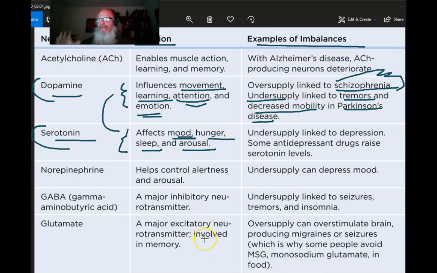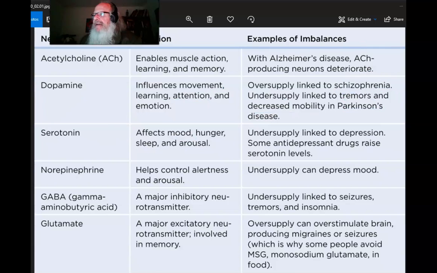So too much dopamine activity, we become disorganized in terms of our ability to put together information about the environment. On the other hand, too little dopamine activity gives us these very physical symptoms: lack of fine motor control and decreased mobility, which is associated with Parkinson's disease.